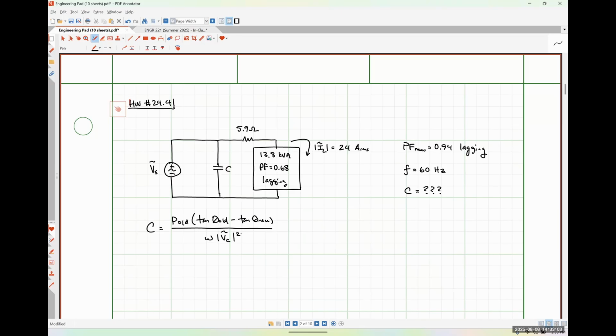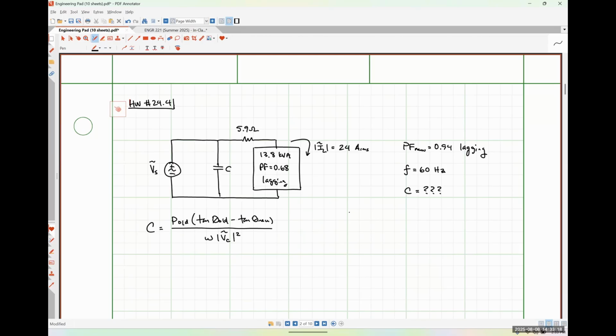So I think we were only given essentially theta new because we were told what PF new is, and omega because we were told what F is, and everything else we have to solve for, right?